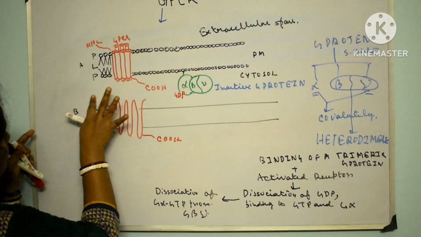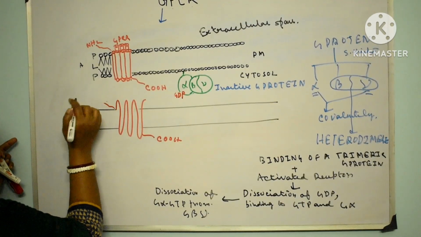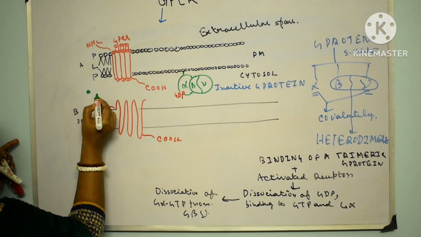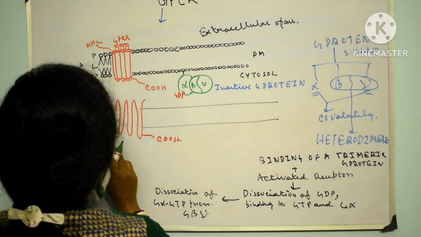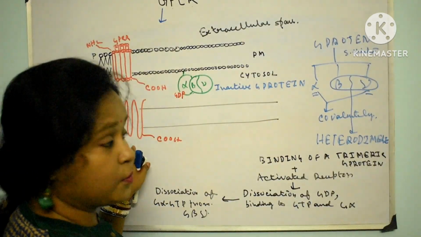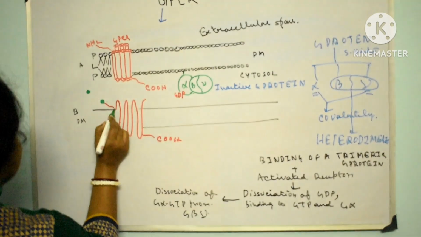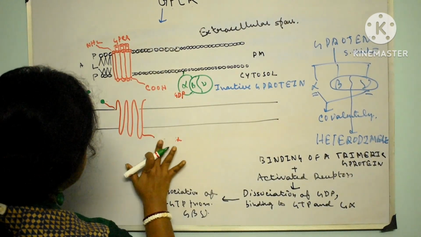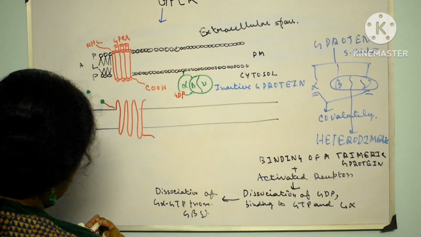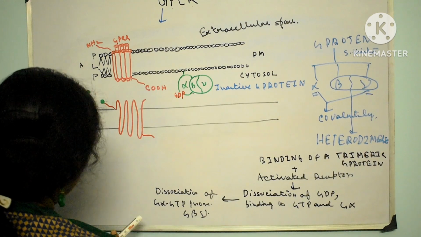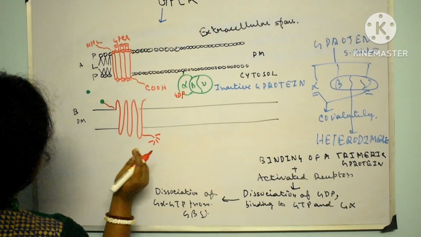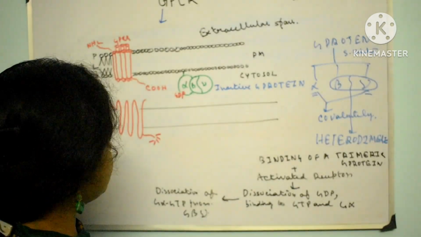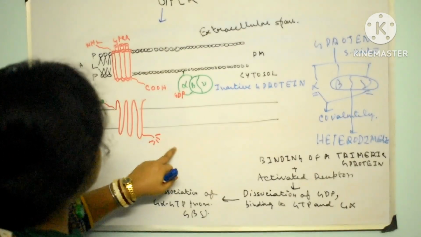Now the ligand is coming. Normally this structure, now the ligand is coming from outside. The ligand is bound to this side. This one is the G protein coupled receptor. Now the ligand gets bound, and here it will be activated. The ligand binds here from extracellular space, and here its activation is started.